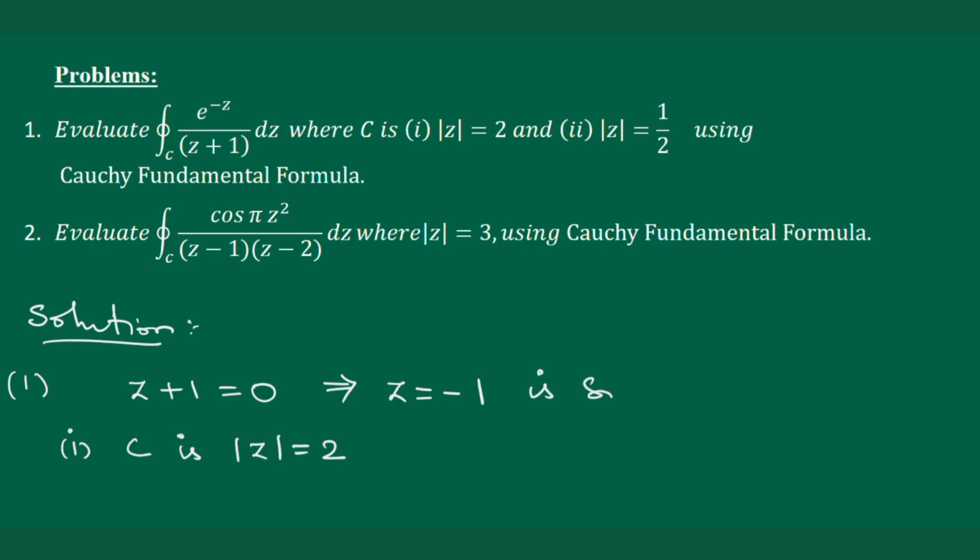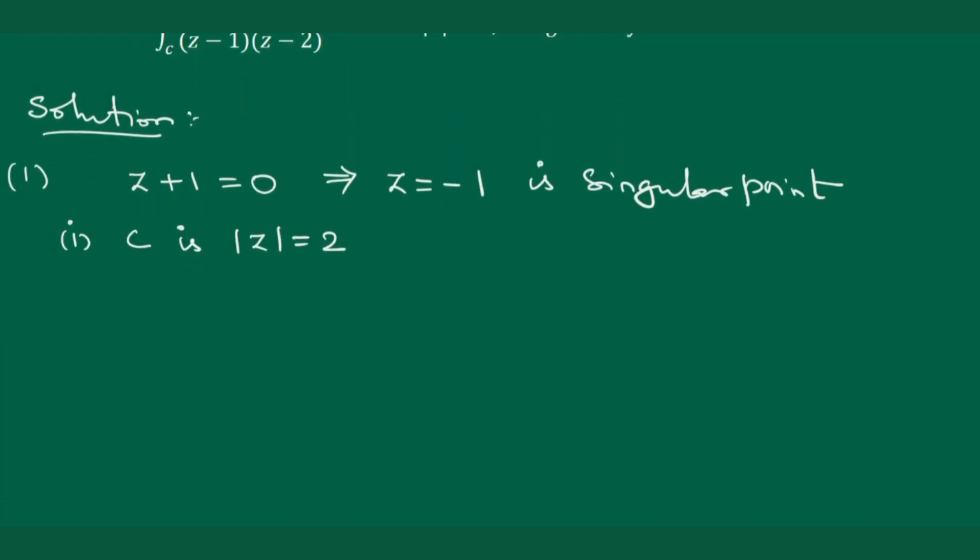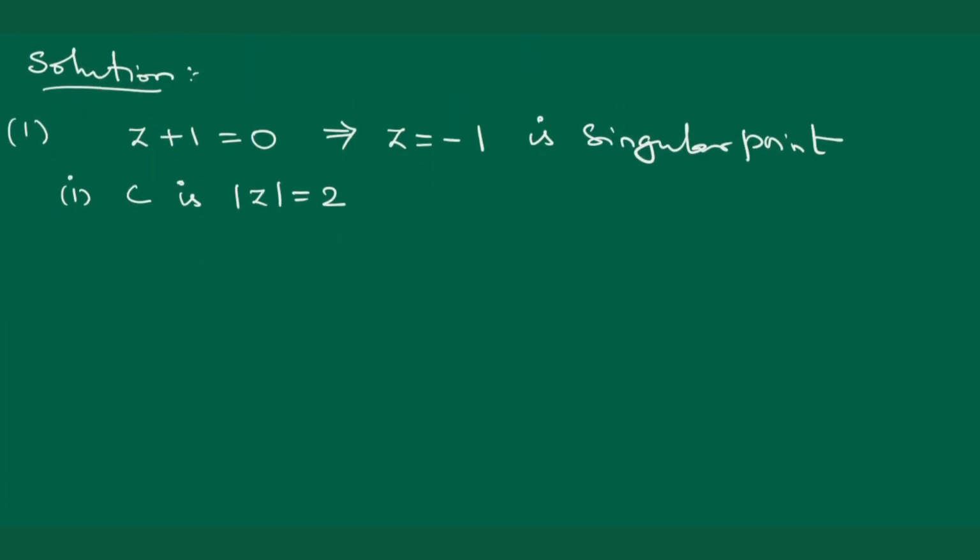Now let us consider the circle. Let it be the circle with center origin and radius 2. So modulus of z equal to 2 means it is a circle with center origin and radius 2. Z equal to minus 1 means this is the point minus 1 and this is the point plus 1.